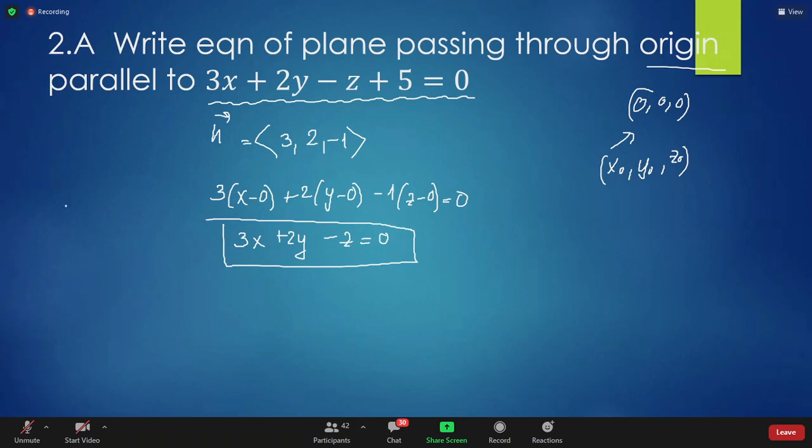Remember that if two planes are parallel, they may use collinear normal vectors, but they may just as well use the same normal vector. It works. So we just copy the normal vector from the given equation, but we put our own point in that equation. That's perfectly sufficient. That's all that we needed.